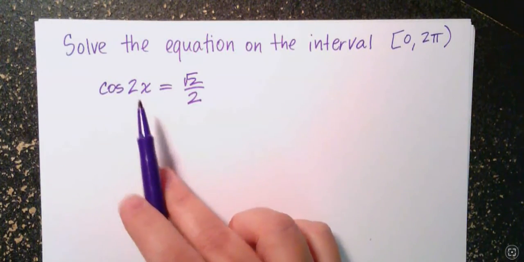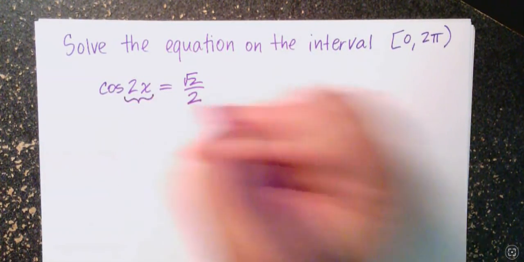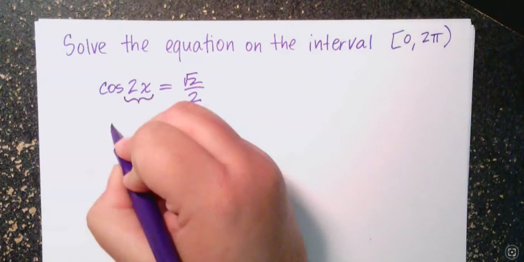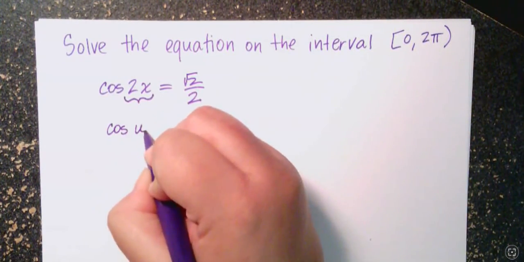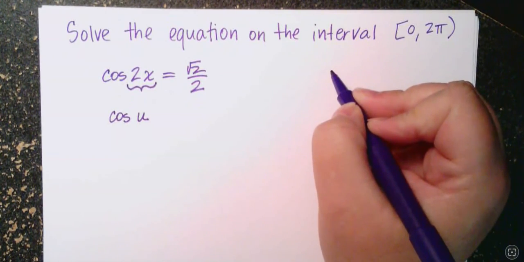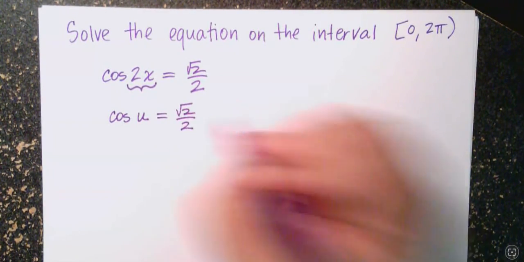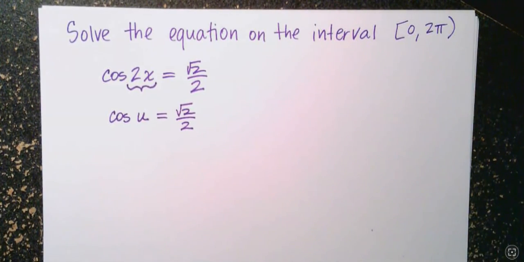Nope, here's what we do. We let something else stand in for this. I'm going to say u. And u is something we use a lot to stand in for something else. Particularly in calculus, you'll do a lot of this. And I'm going to solve it for that. So in other words, the cosine of u is equal to square root of 2 over 2.